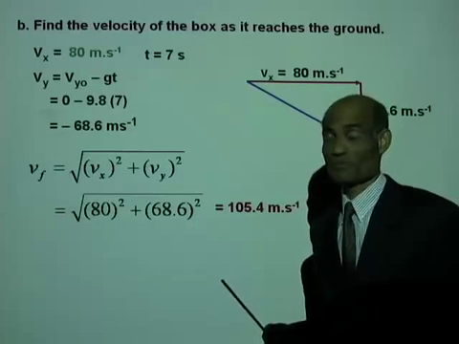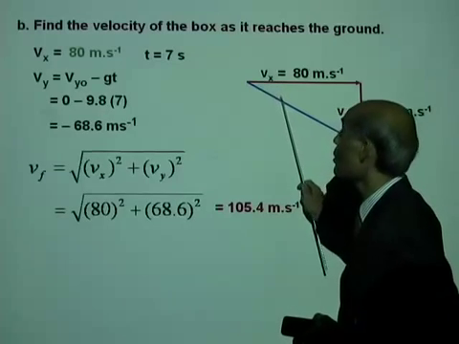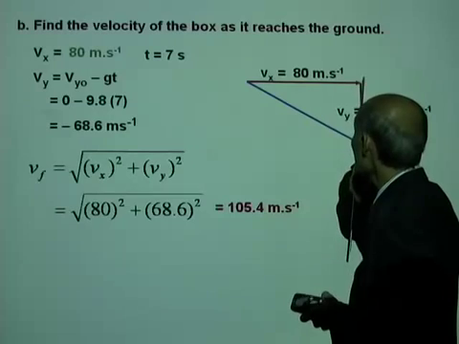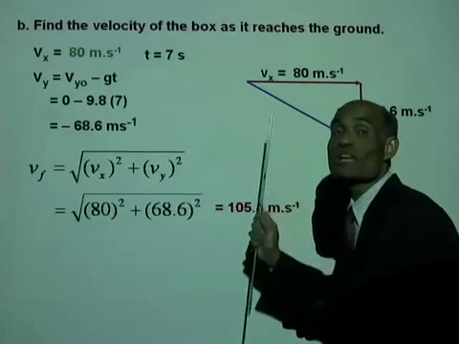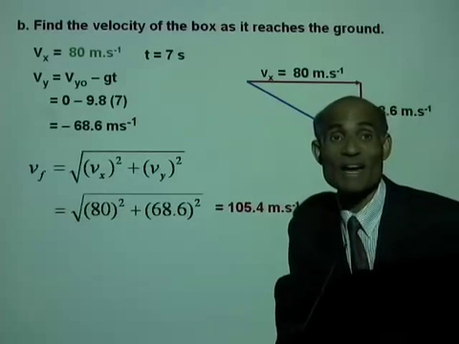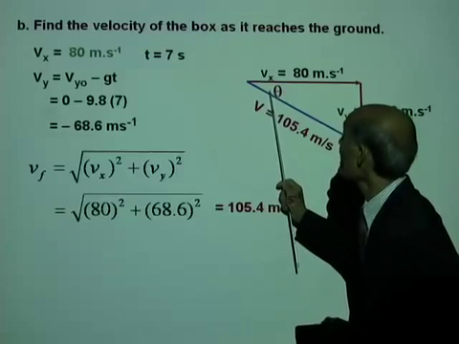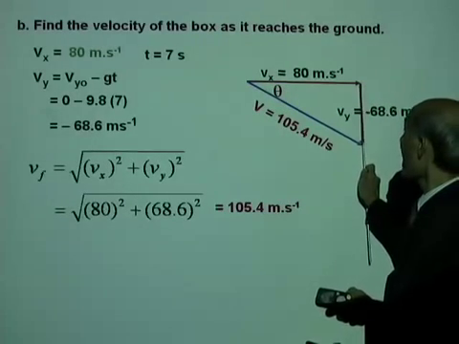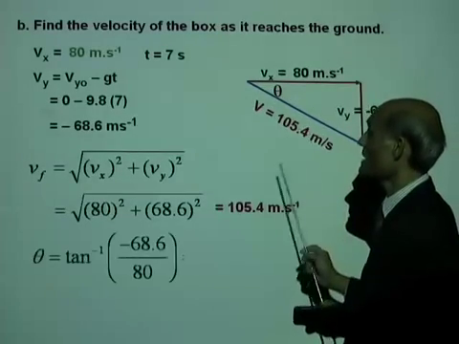Well, and what is the direction? We need to find this angle. You notice that x is positive, y is negative, therefore the angle is a fourth quadrant angle. Is that right? So the angle theta is such that tan theta equal to Vy divided by Vx.